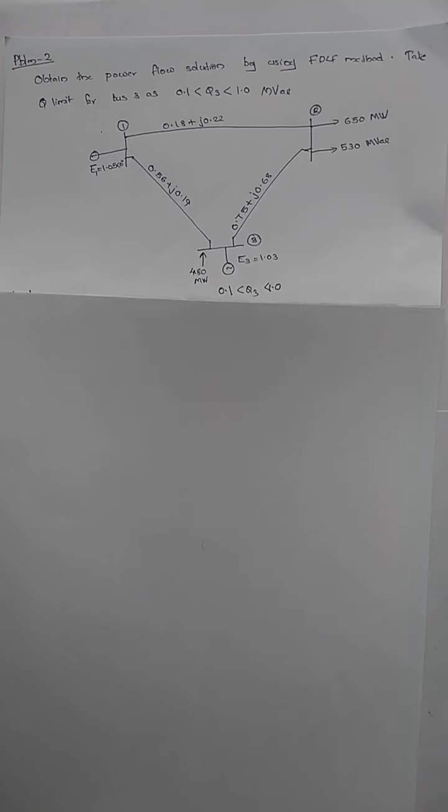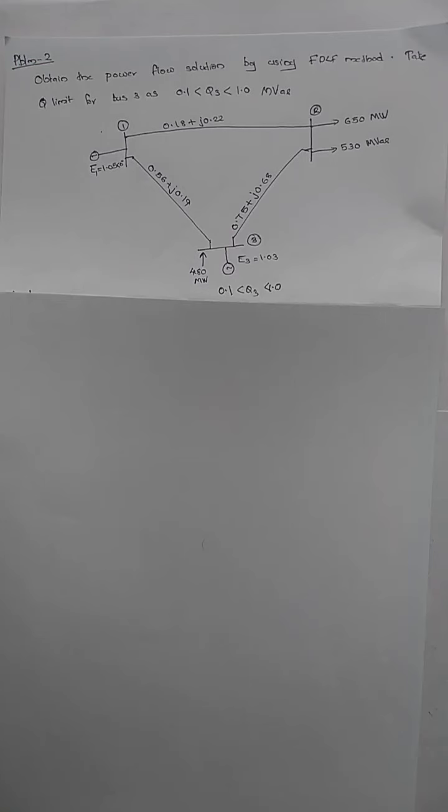In the fourth step, after finalizing the type of bus, we will find out the susceptance matrices B dash and B double dash. B dash is the susceptance matrix for all the buses except the slack bus, and B double dash is the susceptance matrix for PQ buses alone. In the next step we are updating the values.